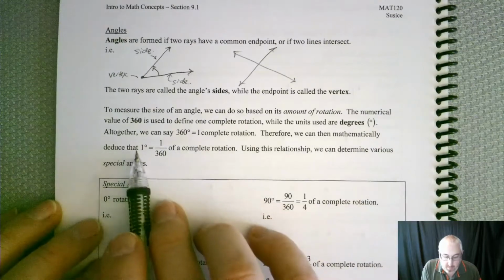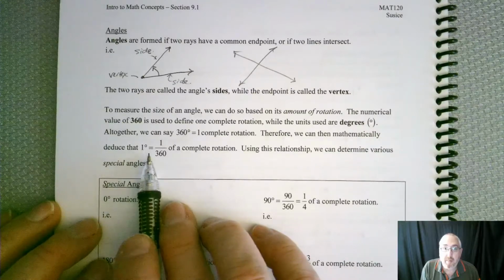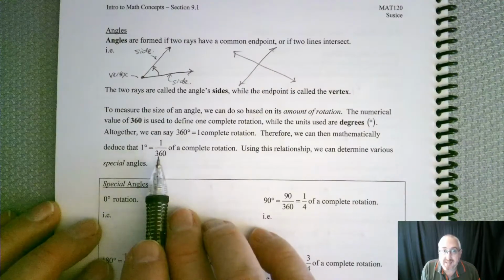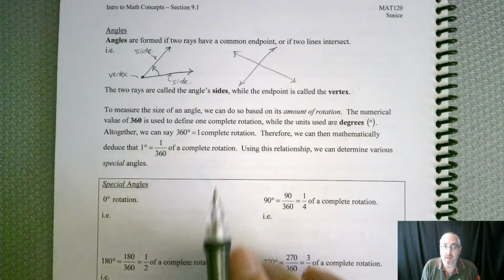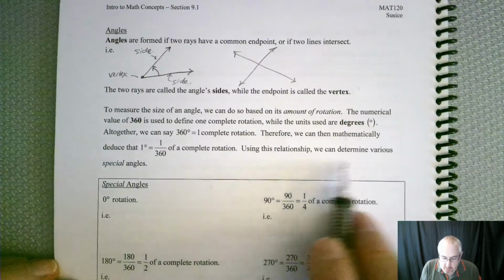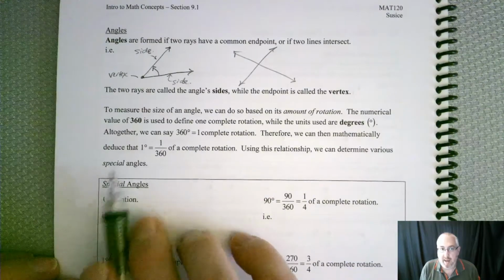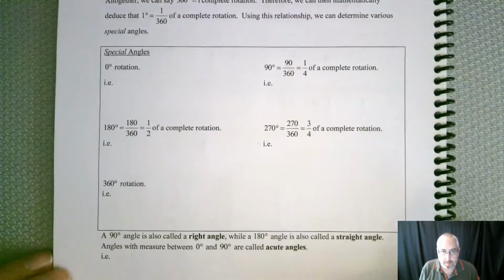If we broke it down to 1 degree, that would mean we have 1/360th of a complete revolution or rotation. So it's just a little bit of an angle, not much. Using this relationship, we can determine various special angles. There are a few special ones that you should be familiar with.